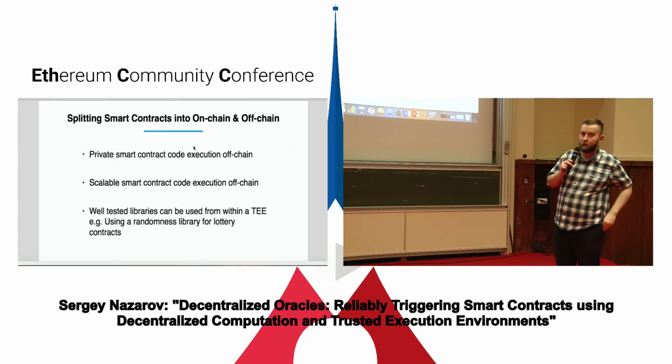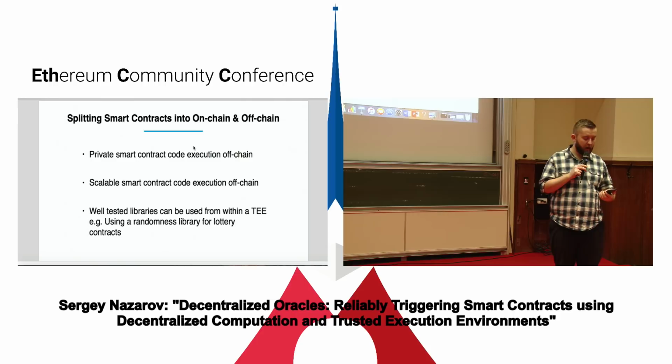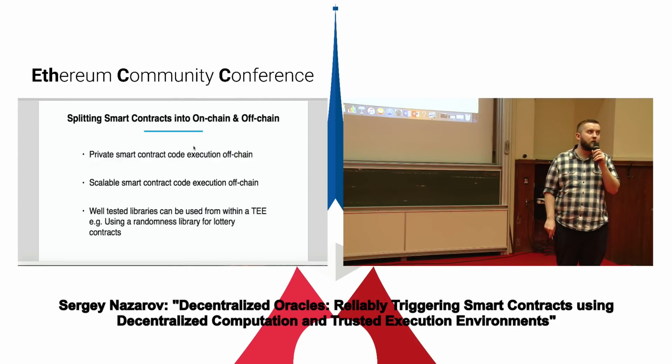The other thing that is particularly attractive to us is the fact that you can do computations in the trusted execution environment of well-tested libraries. Well-tested libraries mean that you can take a piece of code that has been around for 5, 10, 15, 20 years that does some specific task, like creating randomness or generating some kind of output that you need.